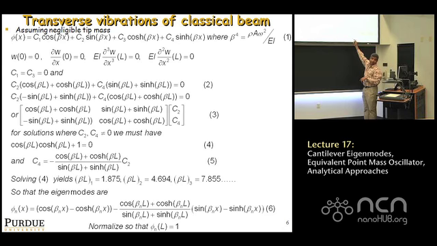And remember, beta is connected to omega. You've got beta squared and omega squared, right? So beta is effectively the same as omega, okay?